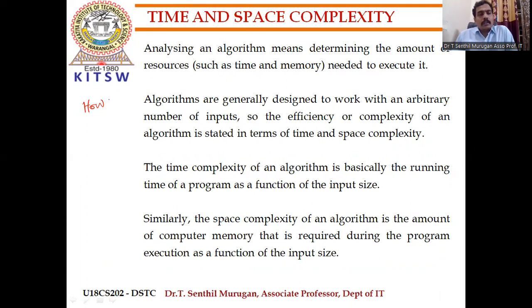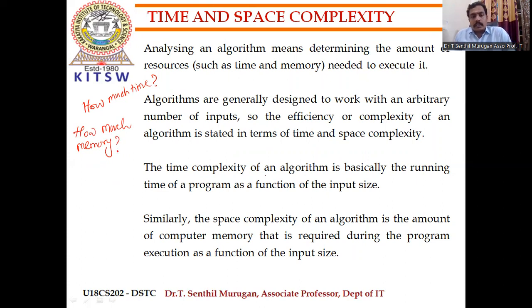How much time is taken to complete the particular task, that is time complexity, and how much memory is required to complete the execution of the particular program is considered as the space complexity.